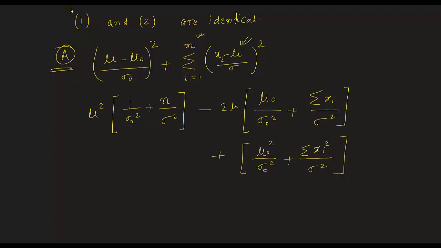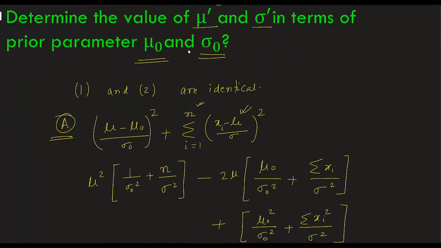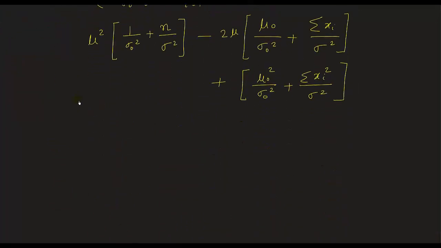Now similarly, the inside quadratic term we can also expand for equation 2. So basically in that case I have to expand this term. Let's call this term b, and then we can expand b. So b is (mu minus mu dash) over sigma dash, squared.